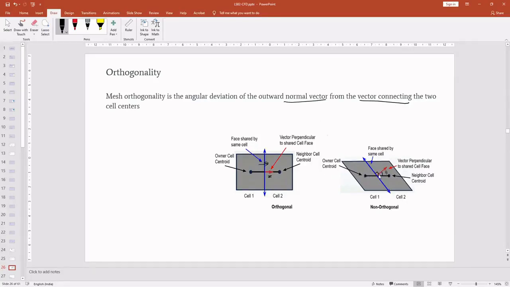What is the angle made by this outward normal vector to the vector connecting the centroids? That is the non-orthogonal angle. So this value we have to find out.